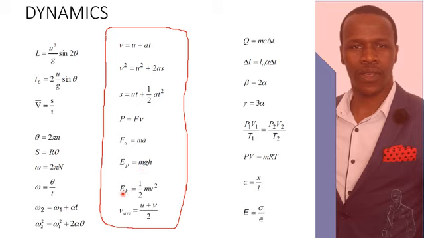Kinetic energy is the energy in motion, in respect of velocity. So velocity goes with kinetic energy and height goes with potential energy. G is for gravitational acceleration. So that's what we have on the formula sheet that we'll get with the question paper.